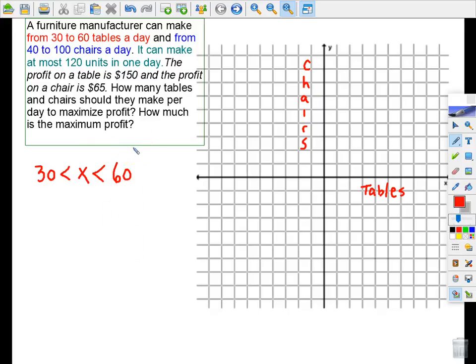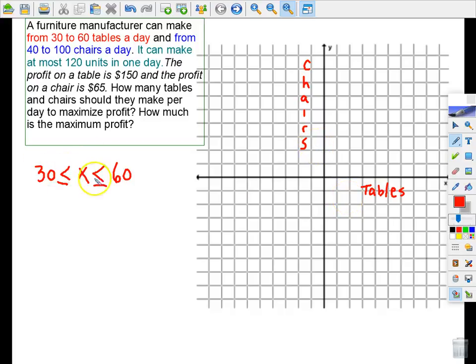Notice that word between. We've been used to seeing this in compound inequalities, and again, that's what that means. So since I can make 30, then these should be both or equal to. Okay, I'm going to at least be able to make 30, but I'm not going to be able to make more than 60. And I'm using x as my variable because that's what we labeled the x-axis.